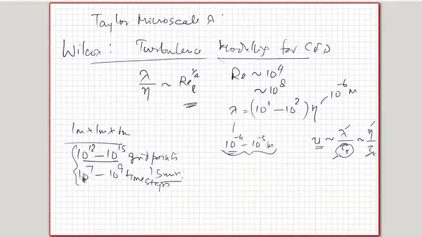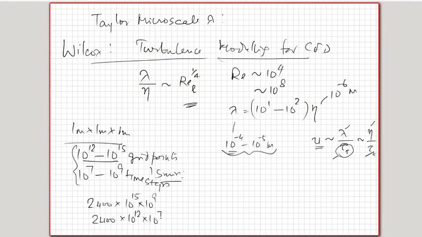So then the overall number, if I try to look at it, it will become something like 2400 multiplied by 10 to the power of, I'll take the larger of these, let's say 10 to the power of 15, and the smaller of these, so the larger of these is 10 to the power of 9, or the other end is 2400 multiplied by 10 to the power of 12 into 10 to the power of 7.